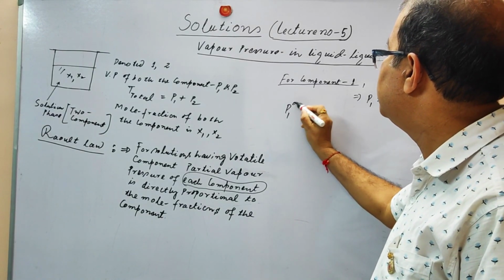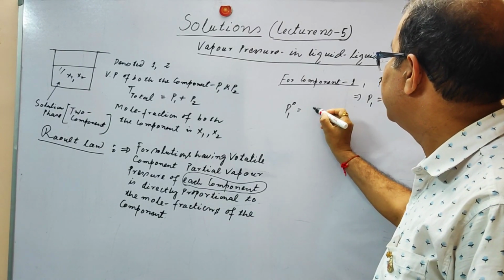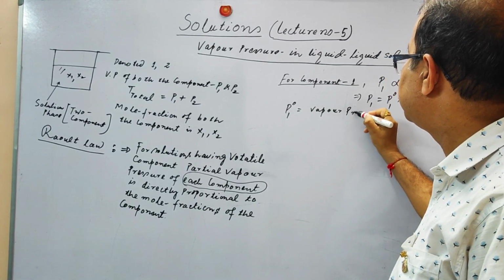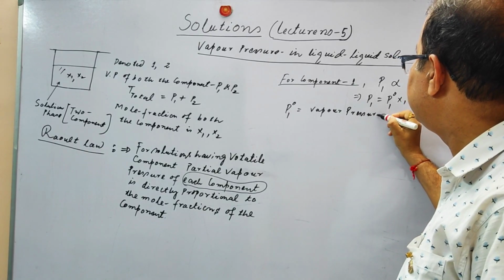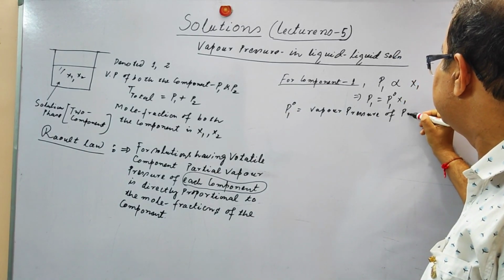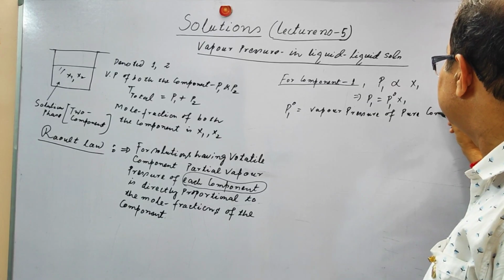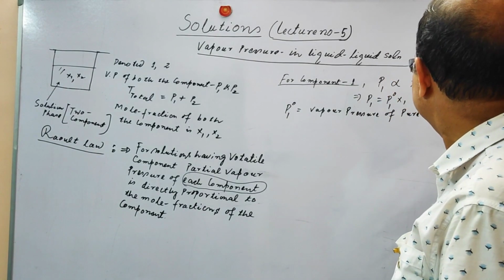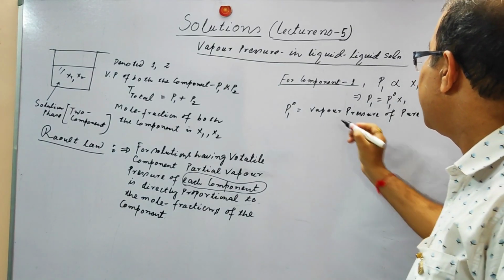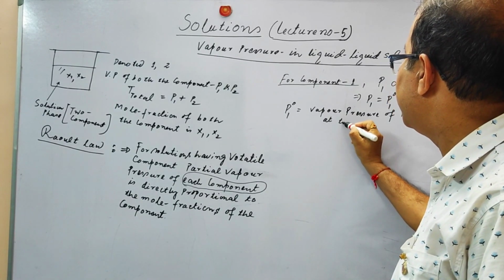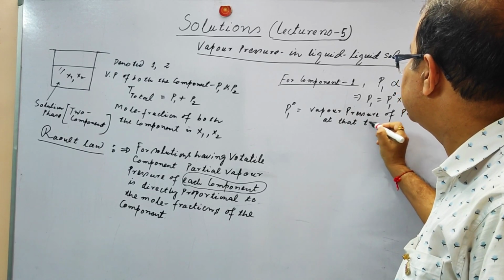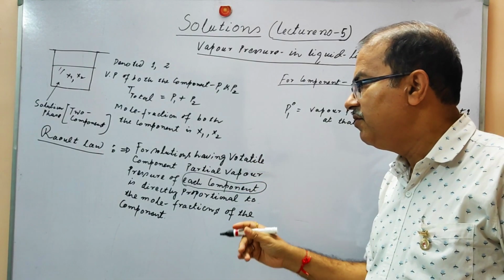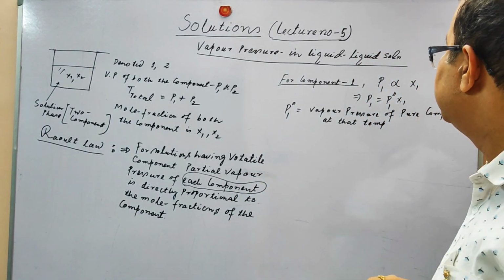What do we mean by this P1°? P1° is nothing but the vapor pressure of pure component 1 at that temperature, that is, the temperature at which we are carrying out this experiment.